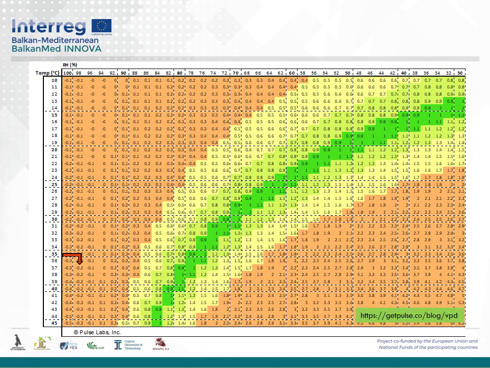We will discuss those respective values later on in this presentation, but you can find this graph yourself in the link shown at the end of the slide, and you can try to find out what is the concrete vapor pressure deficit of your own greenhouse.